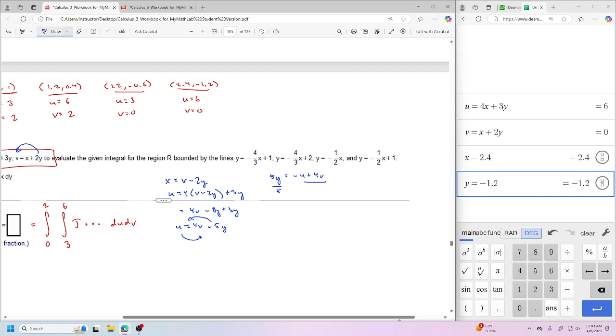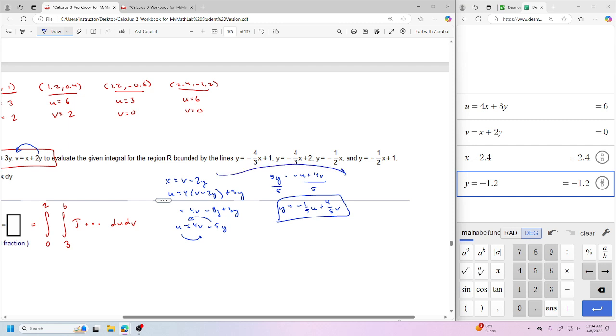Divide by the 5. So I get negative 1/5 u plus 4/5 v. It's actually better for the Jacobian if you set it up like that instead of having it all divided by a 5. It's easier to have them split up because we'll take derivatives of those in a second.